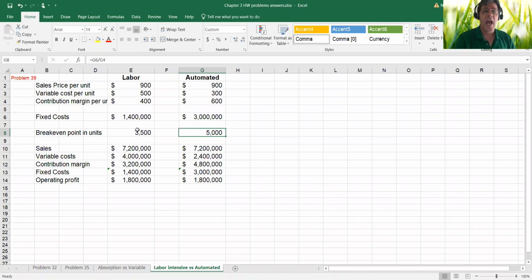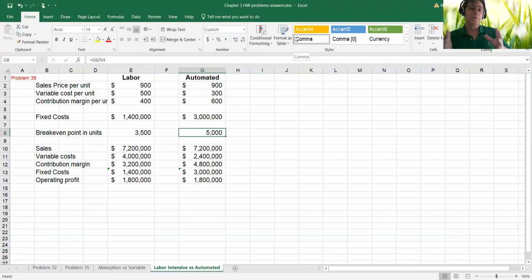This is a low leverage scenario: lots of variable costs, not as high fixed costs on the left-hand side of the labor column. And see how much lower the break-even point is, 3,500, versus this highly leveraged, or more leveraged, automated with more fixed costs, but lower variable costs.